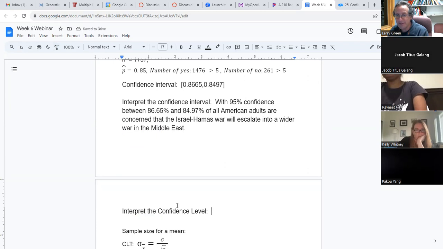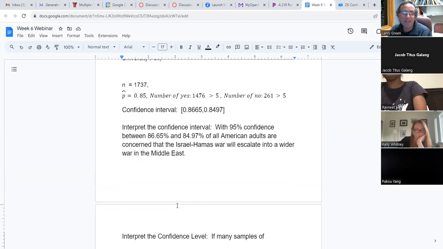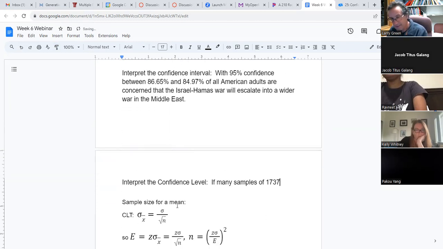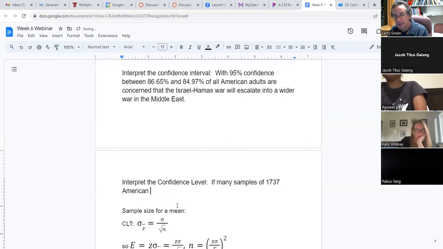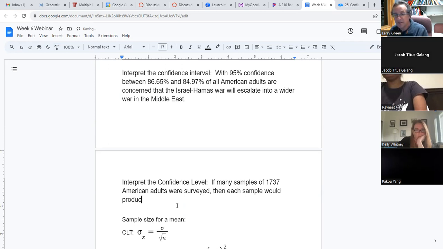We could do the same thing, and we could say if many samples of 1,737 adult Americans or American adults were surveyed, then each sample would produce its own confidence interval.